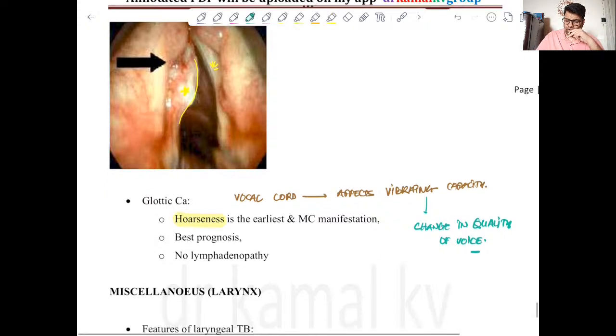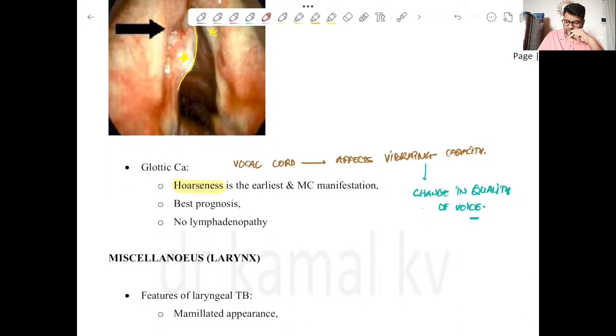And this change in quality of voice is actually in one sense good, because the patient reports early to the doctor, and therefore the condition is diagnosed early. Clear?